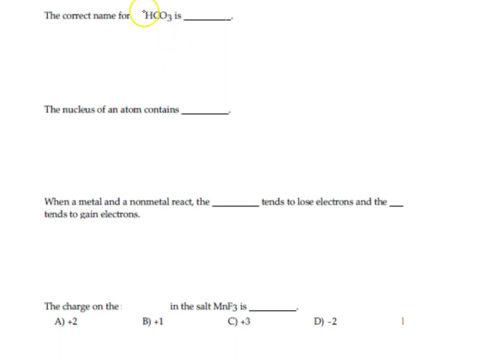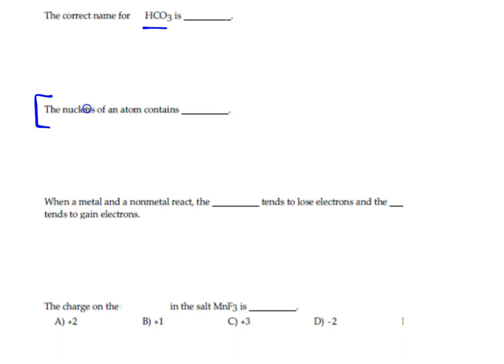It doesn't look like there's enough room for an element and a Roman numeral, right? So you know that it has to be either lithium, sodium, potassium, rubidium, or cesium, hydrogen, carbonate. Because there's no subscript. Now, if you didn't know that, that's fine, but know what HCO3 is.